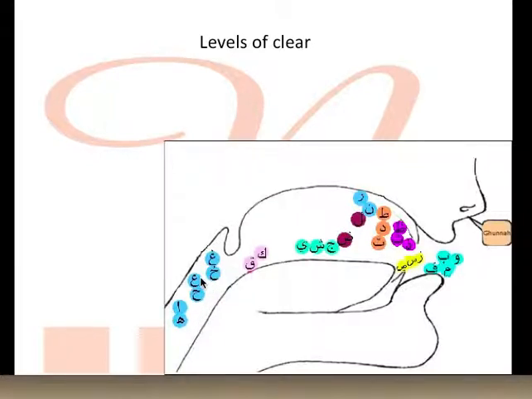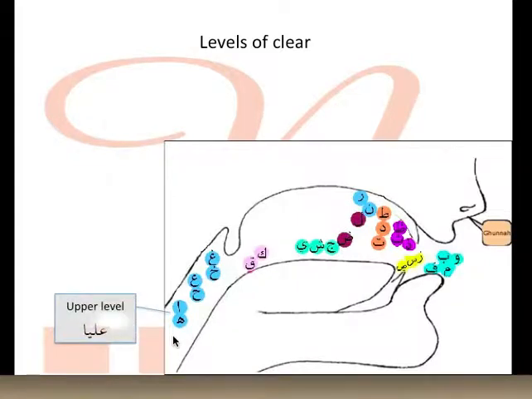Now in the middle there is ain and ha, and here ghain and kha. Those are the letters. When those letters come after the nun sakina or tanween, we have to apply the rule of izhar. We have to read the nun and tanween clearly.